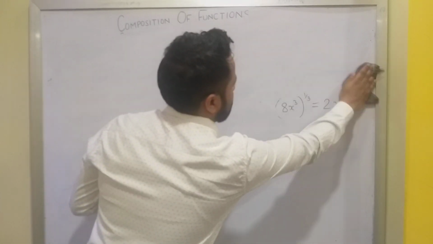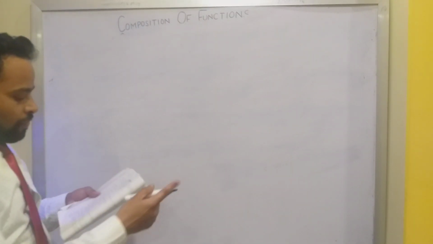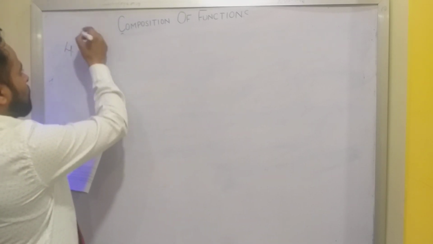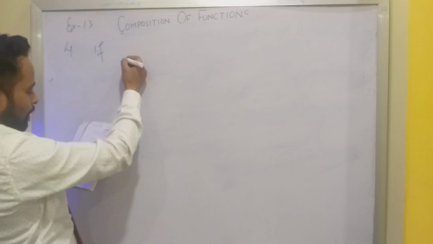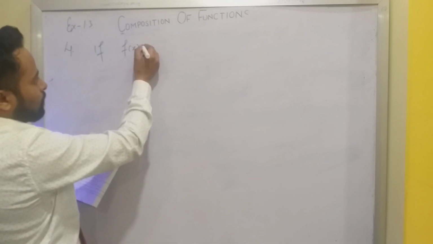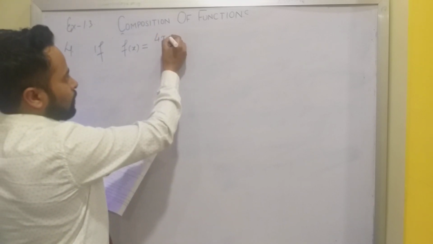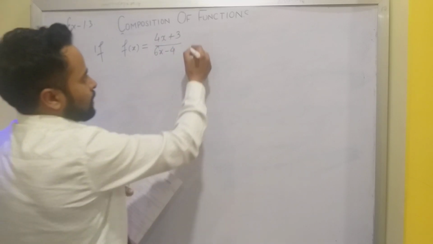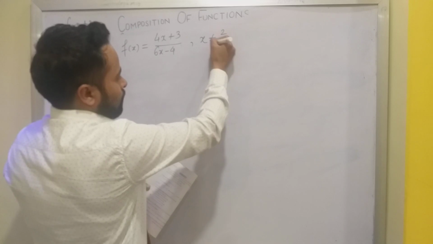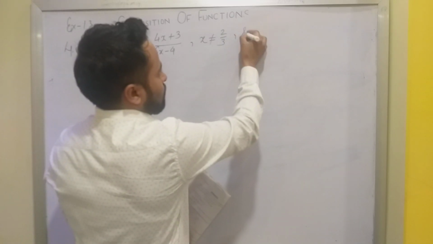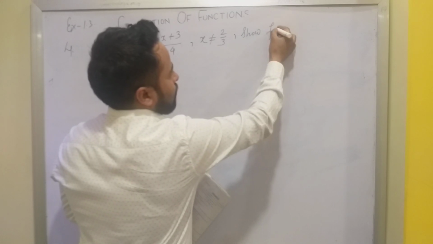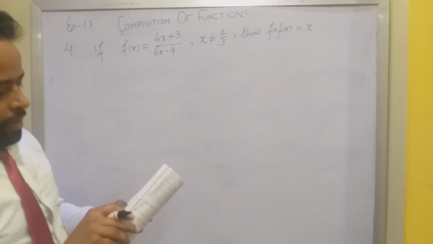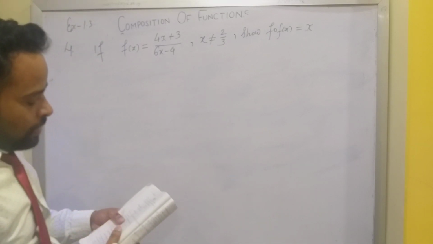Question number 4 says, if f of x equals 4x plus 3 by 6x minus 4, x is not equal to 2 by 3, then show that f of f of x equals x. And the inverse of f is also asked.